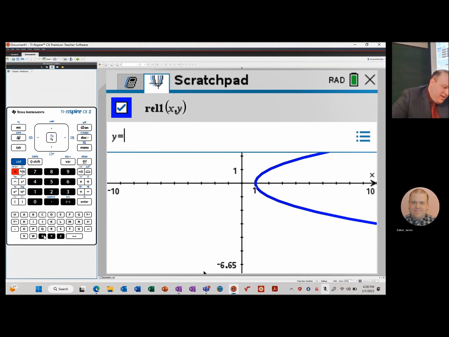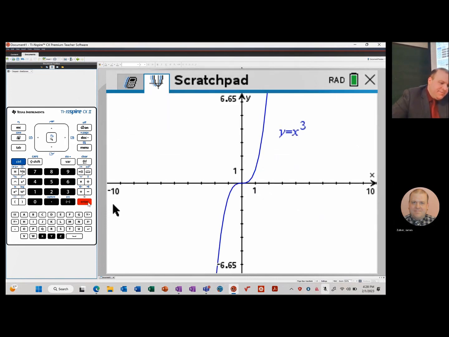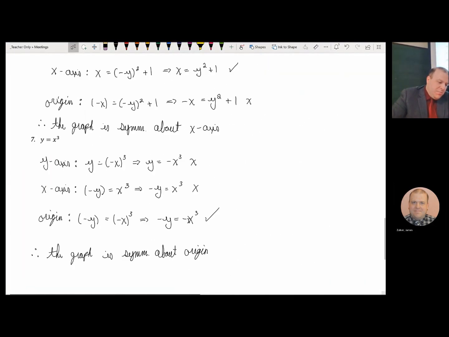I also have to actually do y equals x cubed instead. Yeah, still symmetric about the origin. If you put in negative y and negative x, you still do the same thing. Because you can just multiply both sides by negative 1 and you get y equals x cubed again.